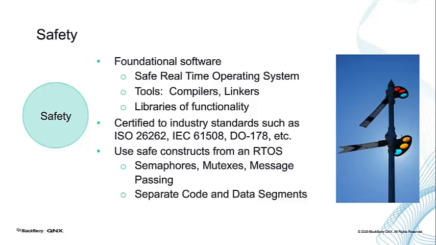A lot of these operating systems, and certainly QNX, comes with a safety manual that will show you how to use the product safely. And this includes deploying things like semaphores, mutexes, message passing. And you may be wondering why this picture on the right here. That's a train semaphore, and that's where that original word comes from. When trains drill through mountains or trestles across ravines, they would only have a single track.